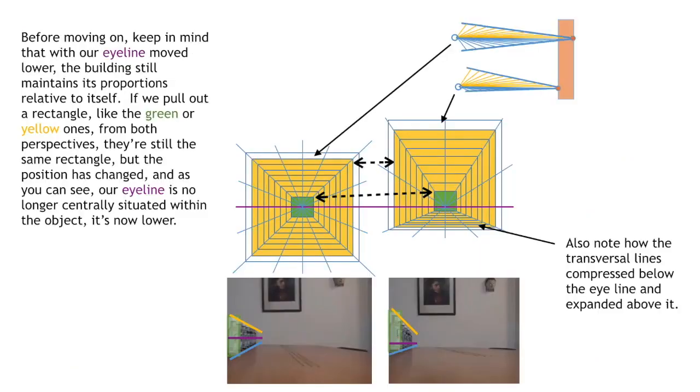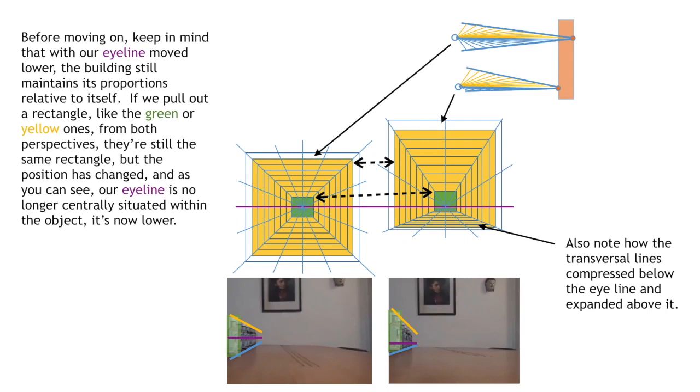So before moving on, let's keep in mind that with our eye line moved lower, the building still maintains its proportions relative to itself. This is an important part before we move on. If we pull out a rectangle like the green or the yellow ones, so instead of the orange and blue paint, we now just pull out one yellow rectangle and one green rectangle far away, they're still the same rectangles, but their position has changed.